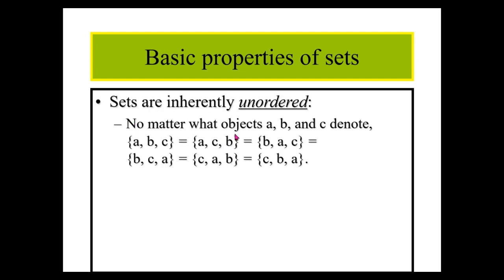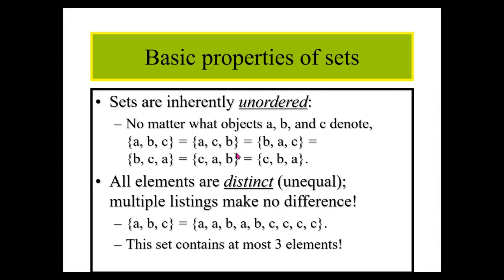See here, no matter what objects A, B, C are denoted, they are distinct. They are one and the same here. So here the same set is used, but A, B repeated, but this has at most 3 elements, the same elements are repeated here.